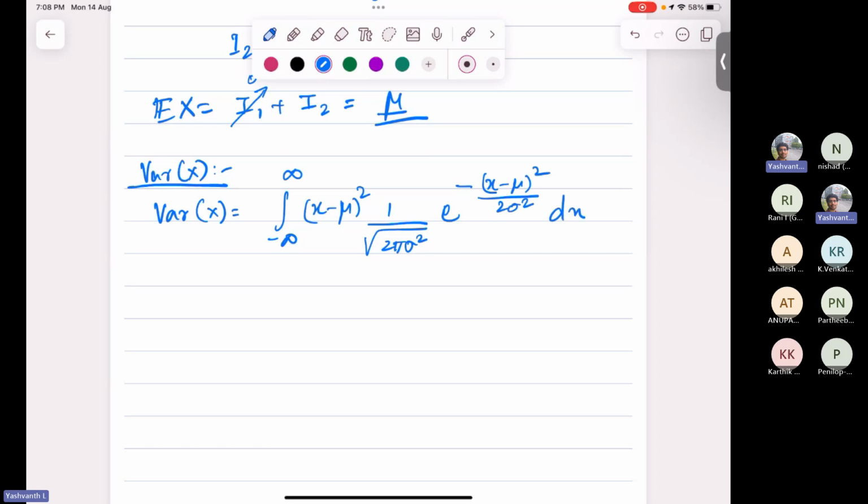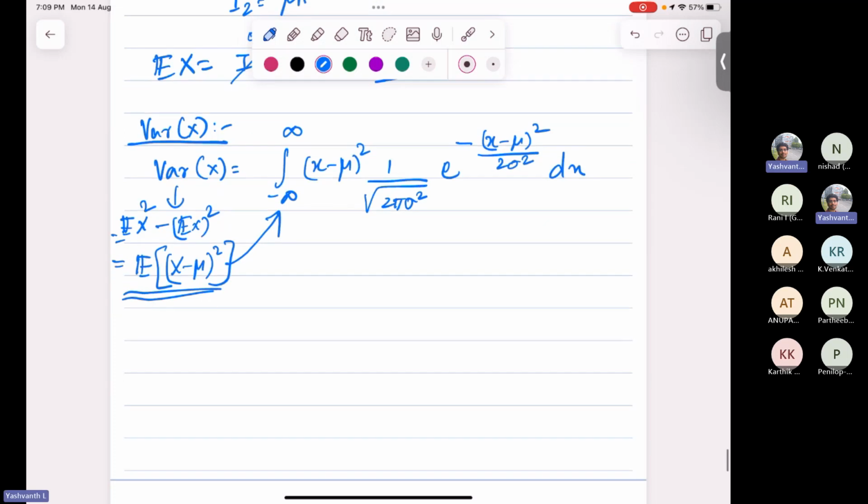We know that variance is defined as the expectation of x square minus the expectation of x, the whole square. You can show that this is the same as the expected value of (x minus mu) the whole square. Both are the same, and I use this particular definition here: (x minus mu) the whole square times fx of x, integral dx.